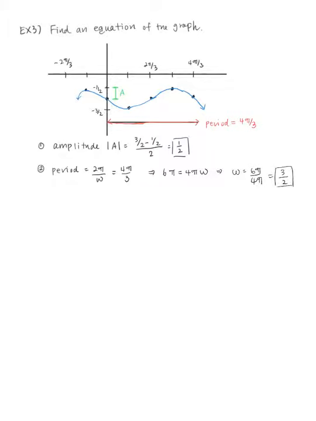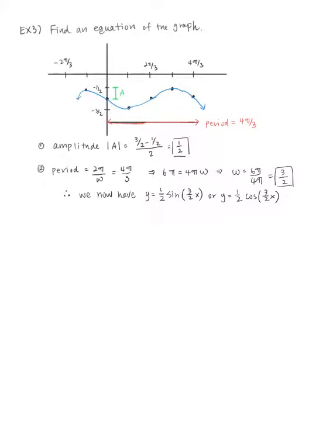So therefore, we now have, what do we got? Either y equals 1/2 sine of omega x, which will be 3/2x, or y equals 1/2 cosine of 3/2x. It's either one of those.